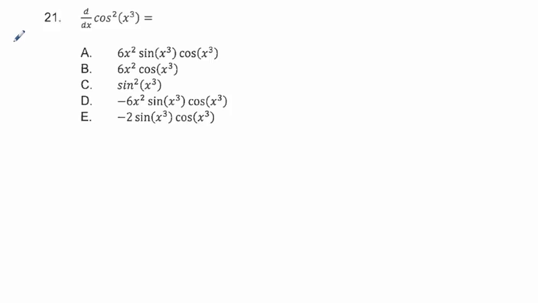Okay, 21. d dx of cosine squared x to the third power is going to be the same as d dx. The squared notation here can be confusing for people, and so what I'm going to do is rewrite this thing as cosine in parentheses, x to the third power, and then place the squared outside of here.